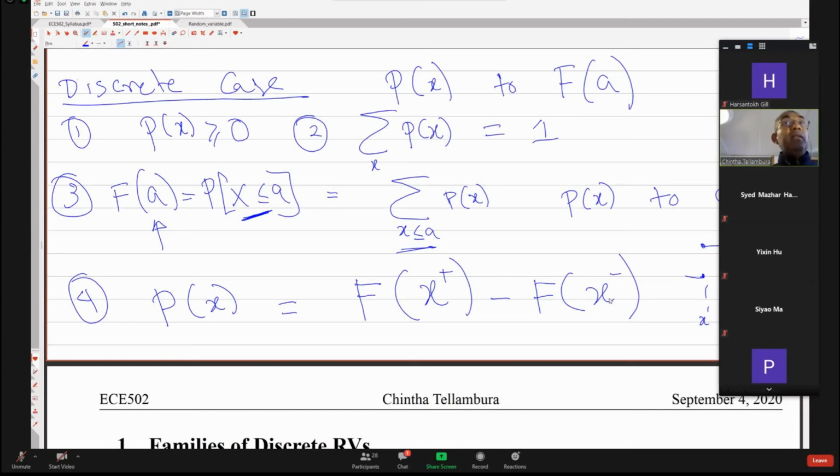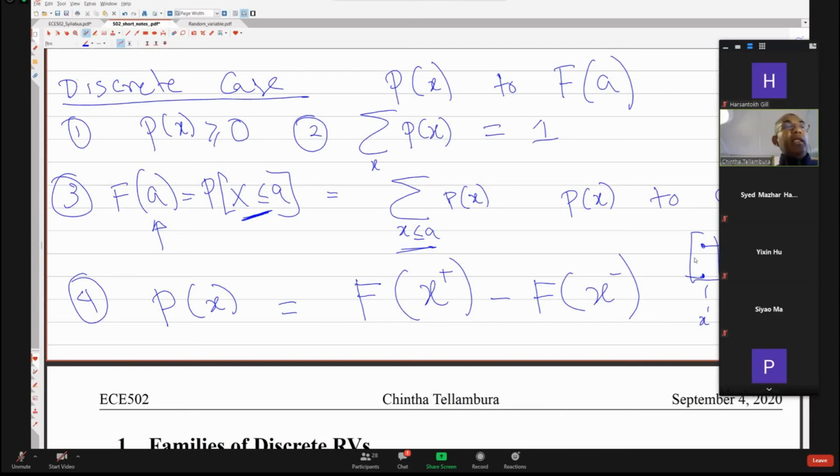Not everywhere. This will happen only at a countable set of x values. For a countable set of x values, you have discrete jumps happening on the CDF. You look at these jumps and compute the height of each jump.